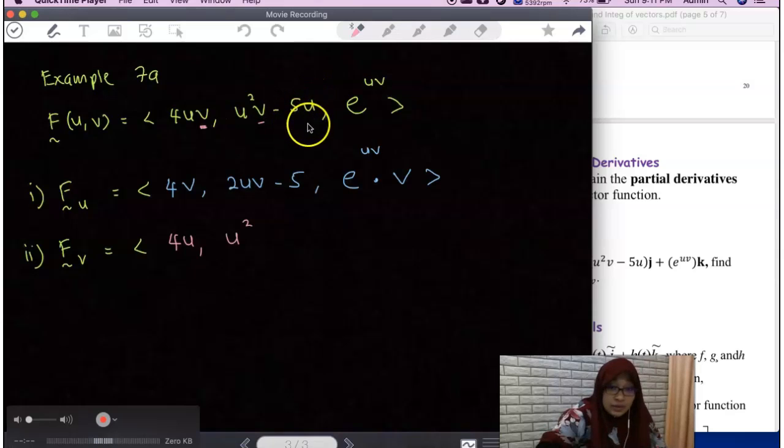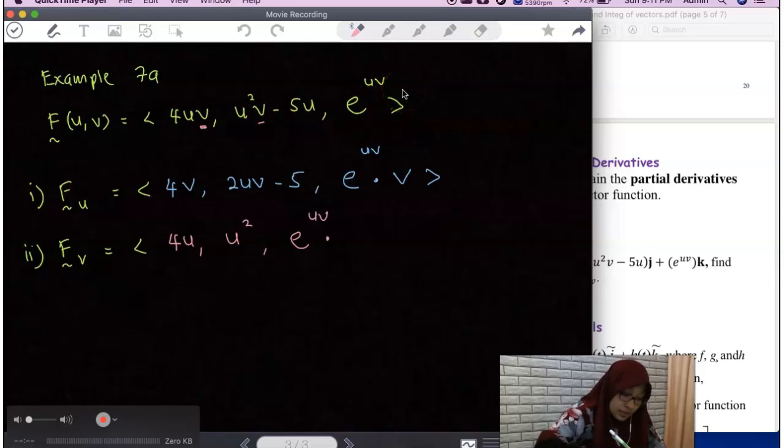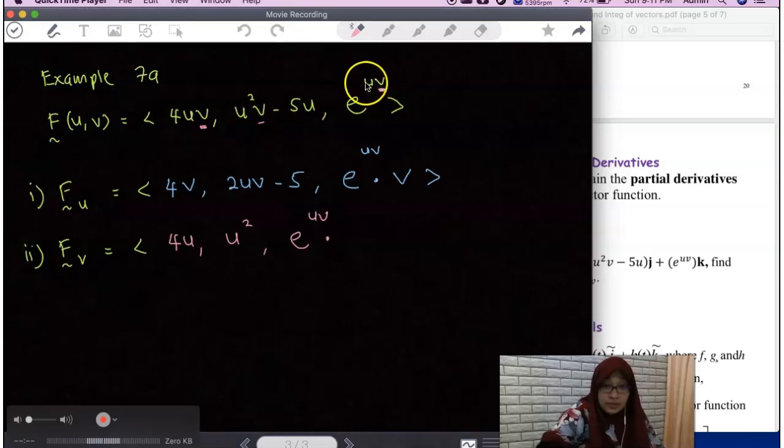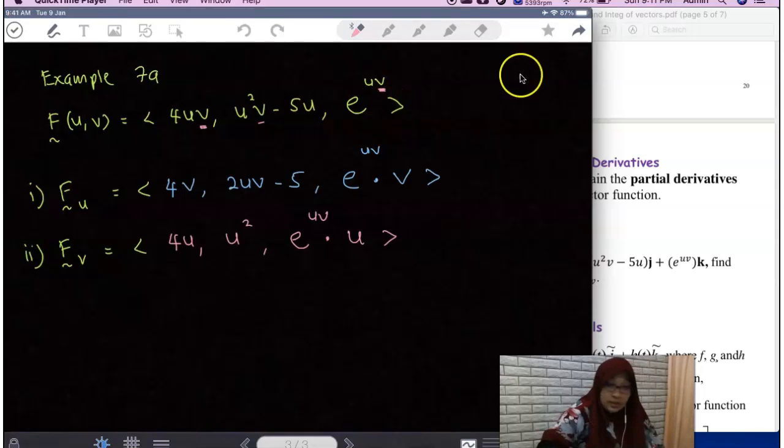When you differentiate a constant, you get 0. And then we go to the last component: differentiate e, you get e back, e^uv, and now you want to differentiate with respect to v. Your uv, when you differentiate with respect to v, becomes 1, so what is left is u. So that is your fv.